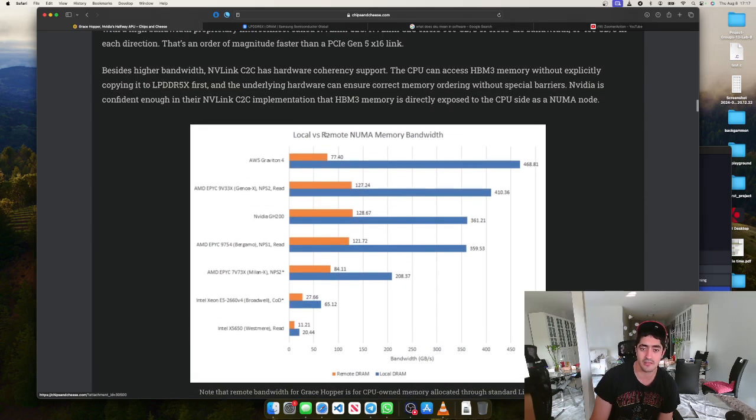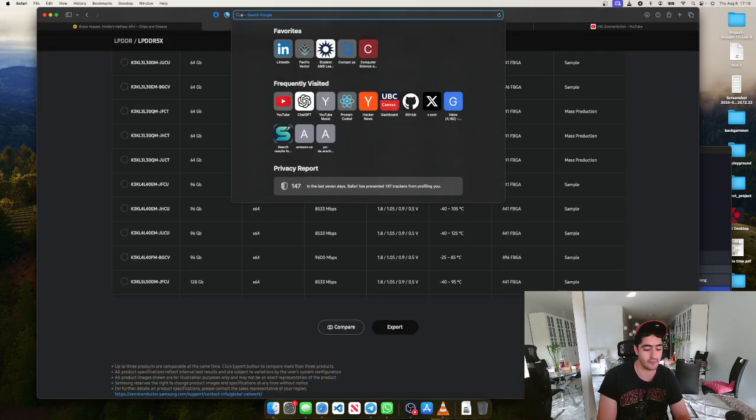Alright, local versus remote NUMA memory bandwidth. AWS Graviton, remote, and then local. And then you have your bandwidth. It goes gigabytes per second. And your AWS Graviton, what is AWS Graviton for?